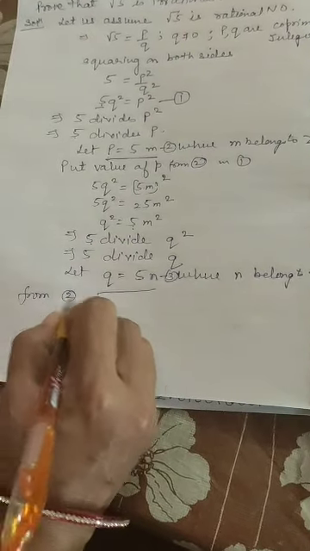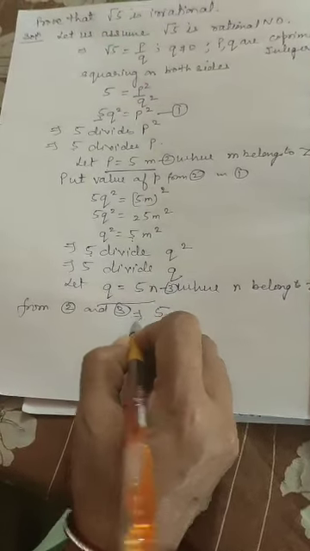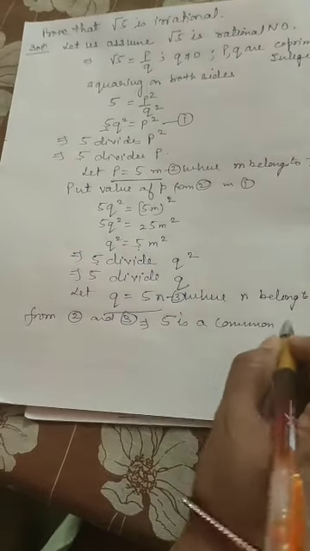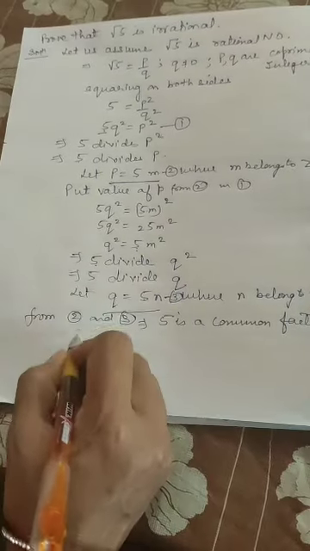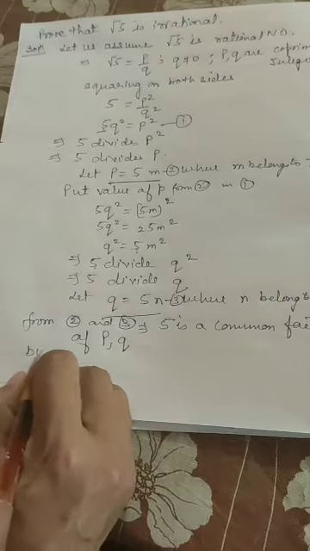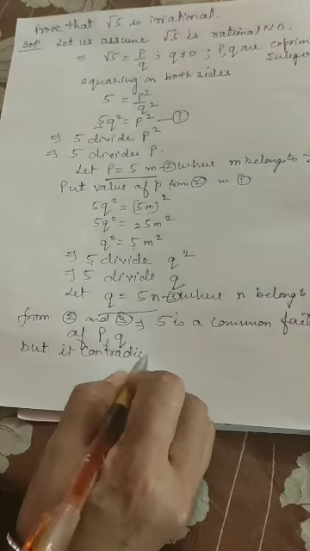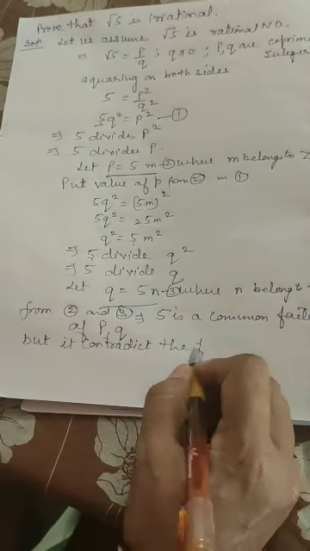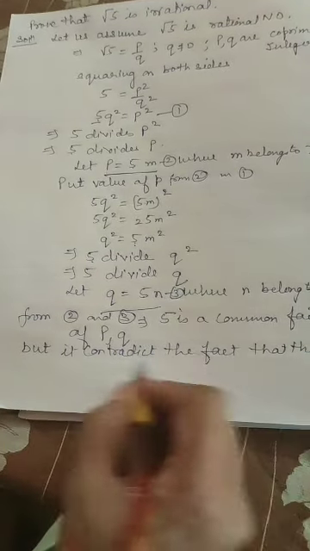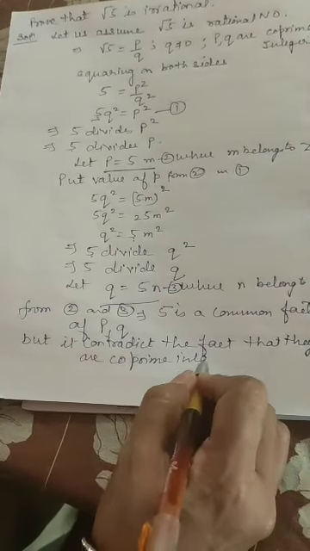From 2 and 3, 5 is a common factor of p and q, but it contradicts the fact that they are co-prime integers.